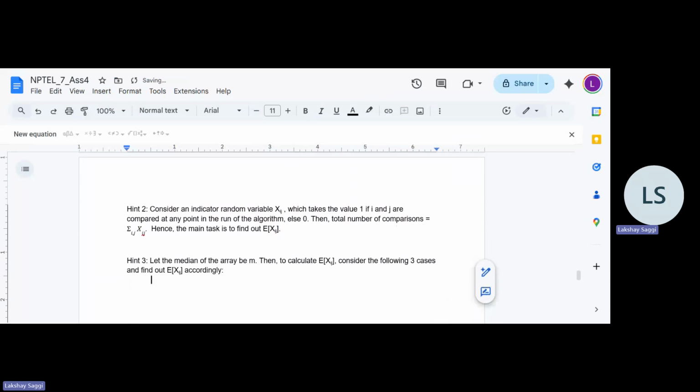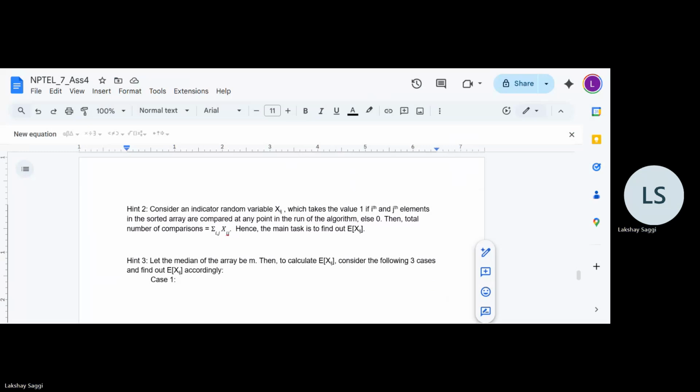So case one will be, and here the i and j elements are the ith and jth elements in the sorted array, compared at any point.